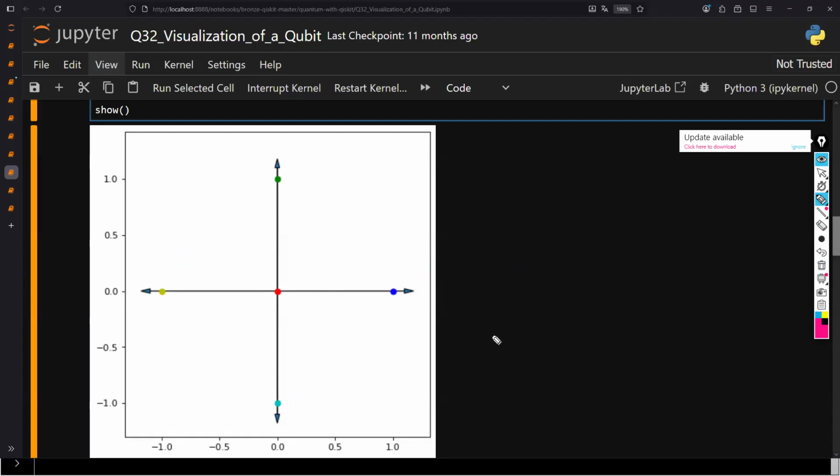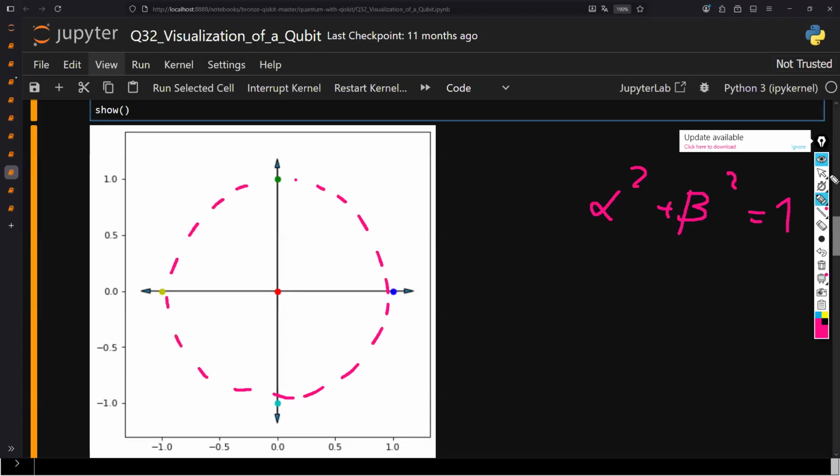And since what we limit ourselves with, in addition to that representation, is that both of the squares have to sum up to 1, what we can see after we pick many different possible random combinations is that we actually land on a circle.